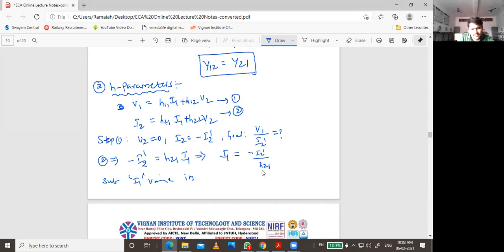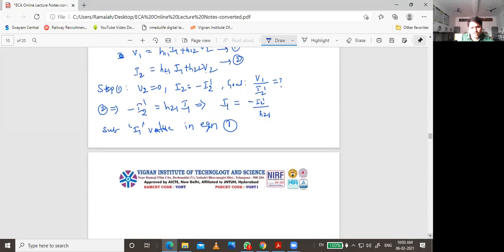Substitute this I1 value in equation 1. So V1 equal to H11 times I1, where I1 is minus I2 dash by H21, plus H12 V2, but V2 is 0, so this entire term is 0.